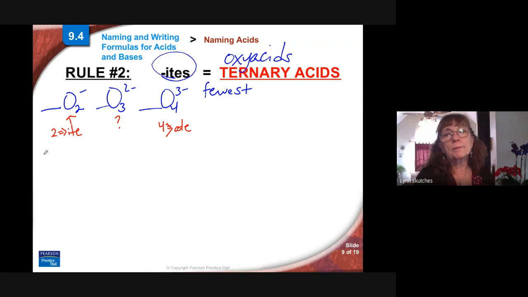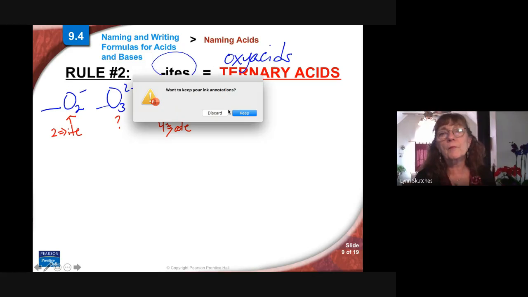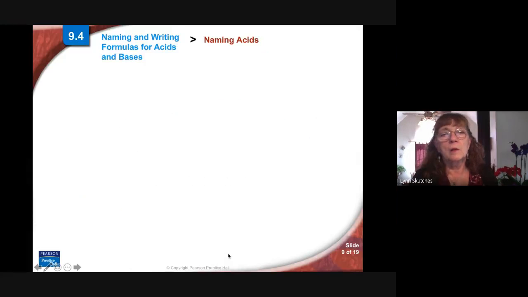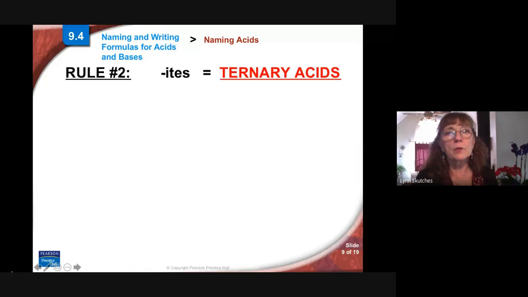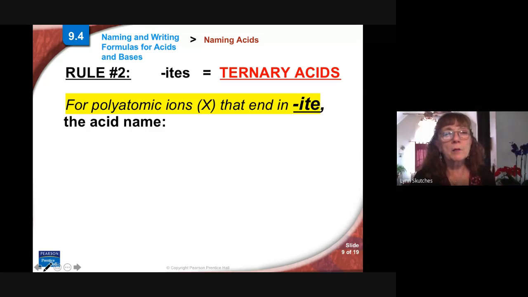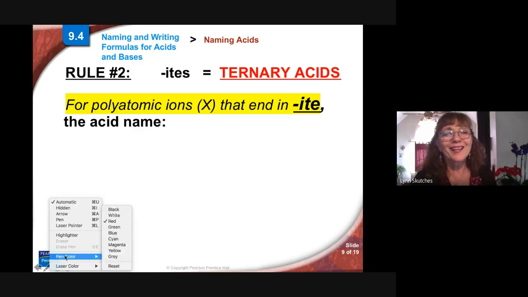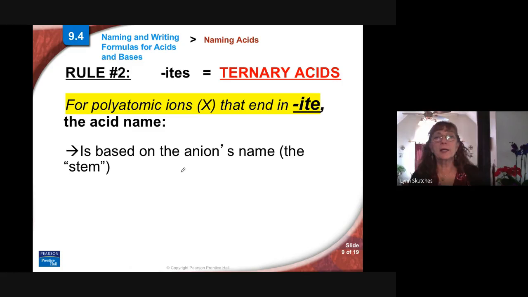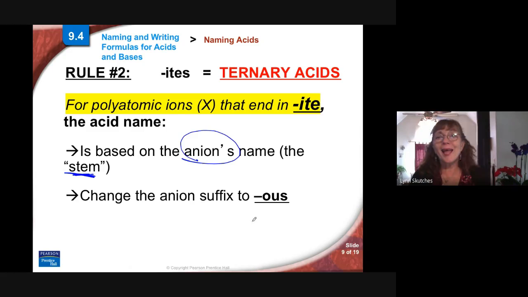Okay, I'm going to get out of here and come back so it's clear. So again, we're dealing with polyatomic ions that end in ite. The way we name the acid with that ion is we take the anion's name, that becomes the front of the acid name, and the ending goes to OUS.